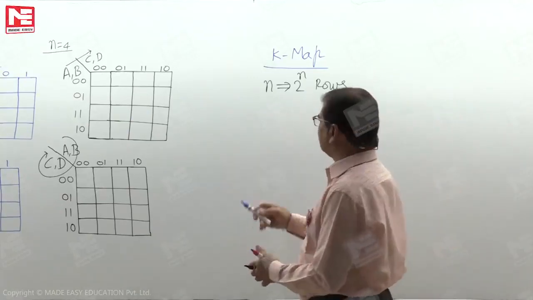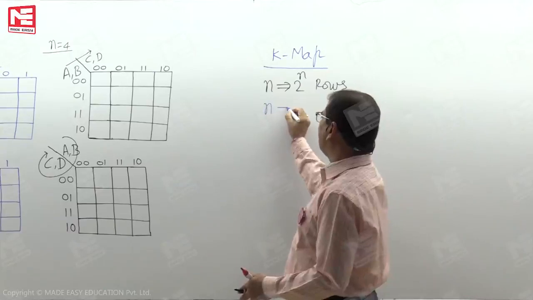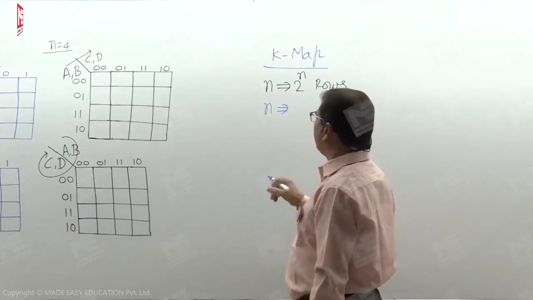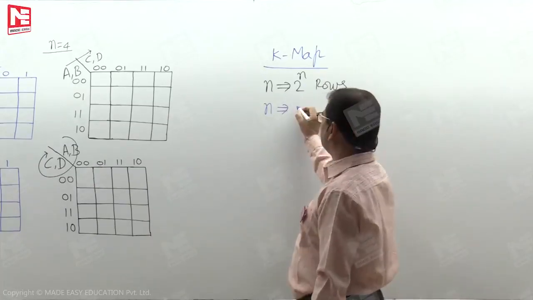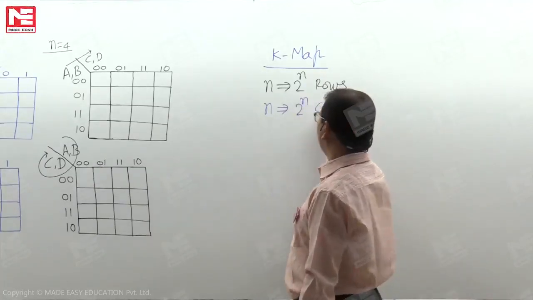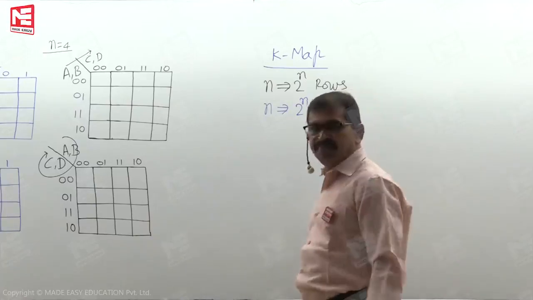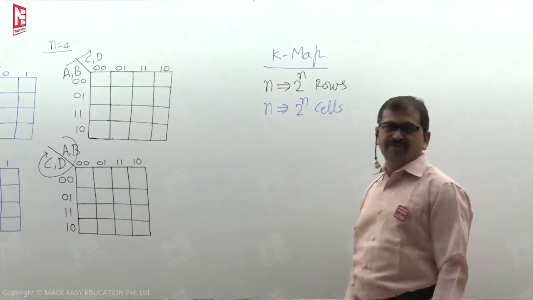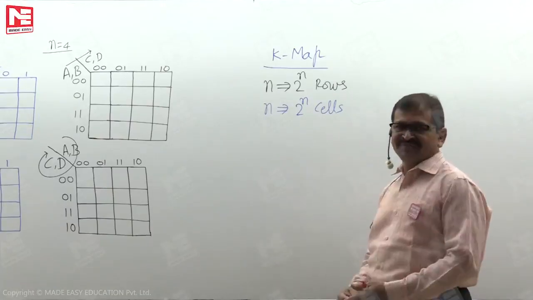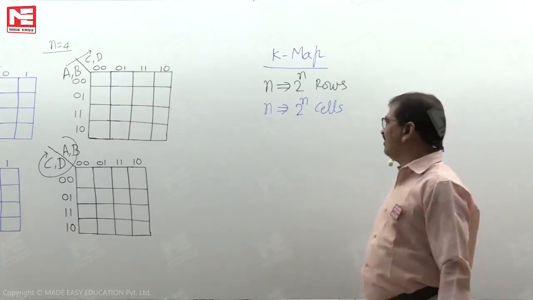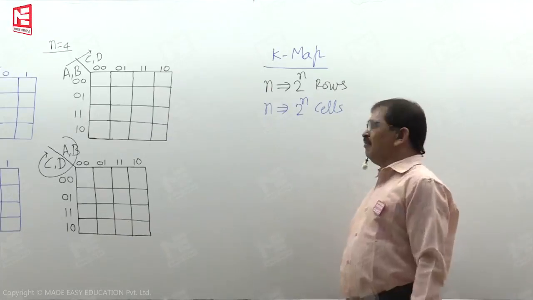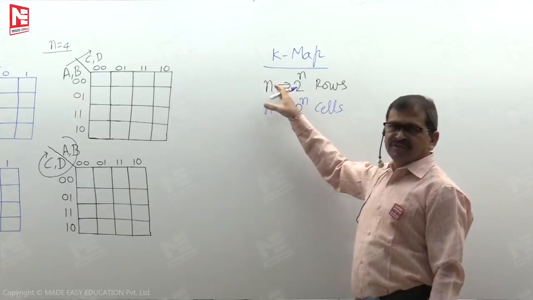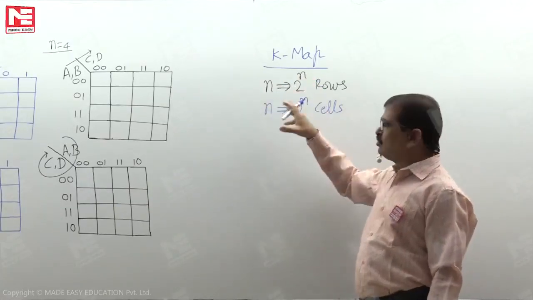even coming to this K-map, we need to look at the similar thing. The K-map for a function of n variables has 2 to the power of n cells. So if we have a function on two variables, we have a truth table with 4 rows.